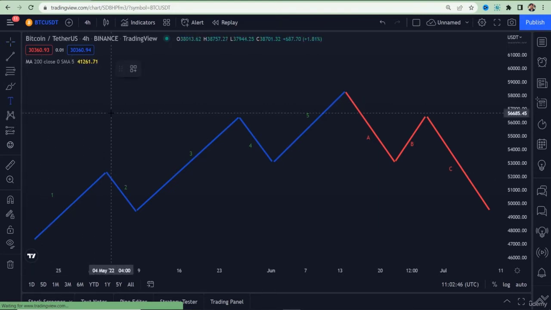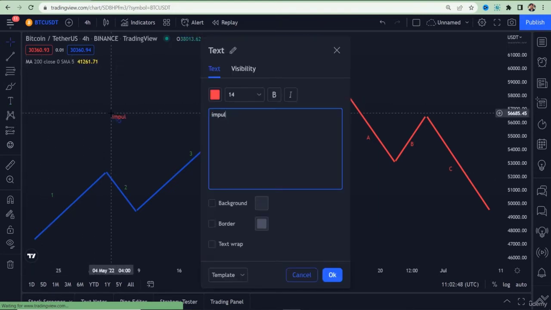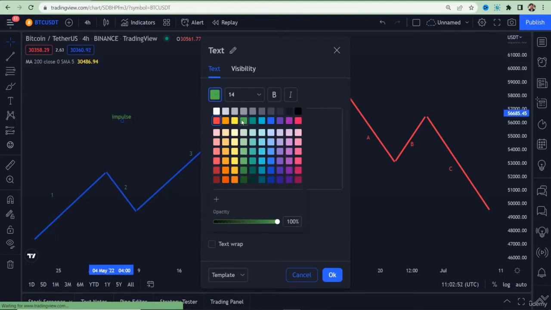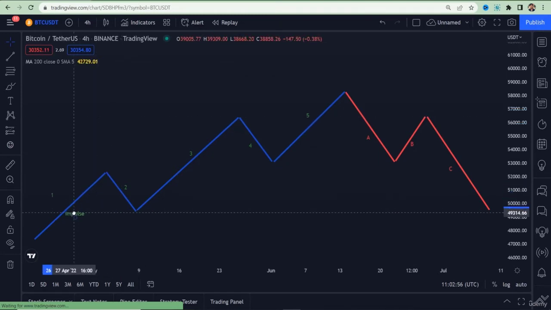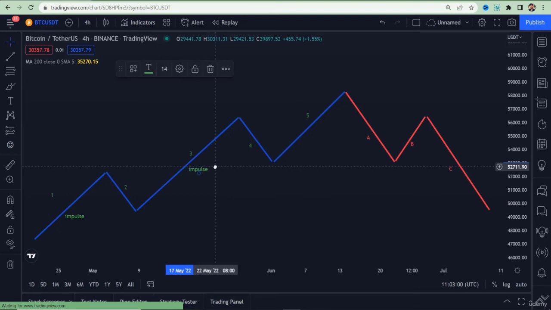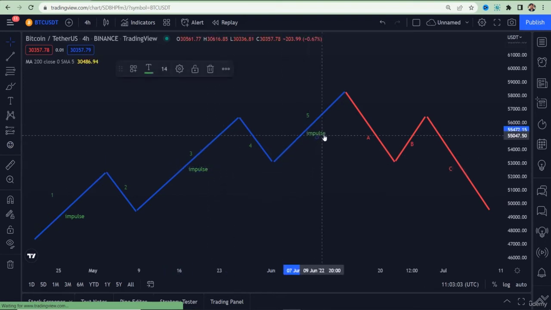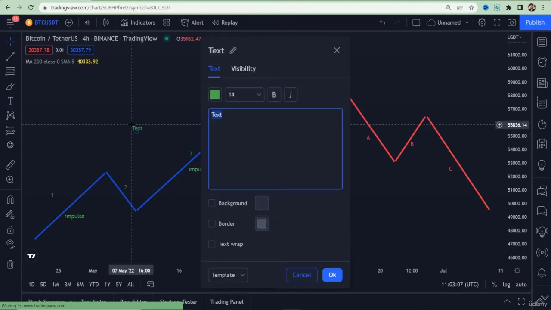I'm gonna write it down: impulse, make it green. That would be an impulse wave. This one would also be an impulse wave, and this one would also be an impulse wave. Then correction.